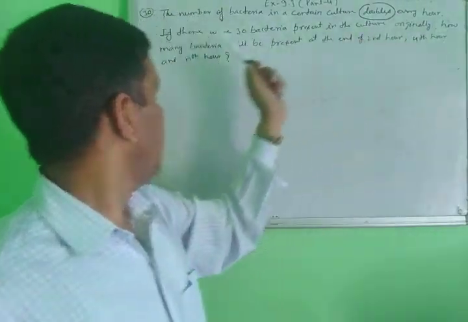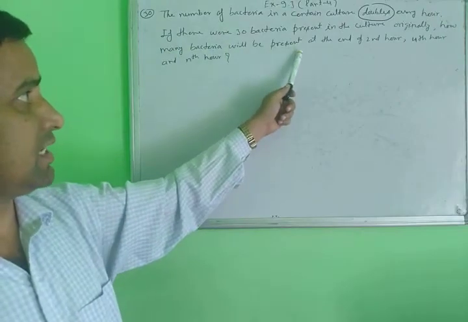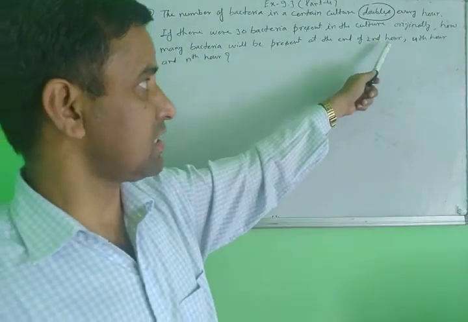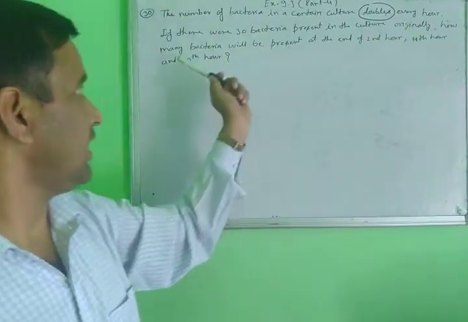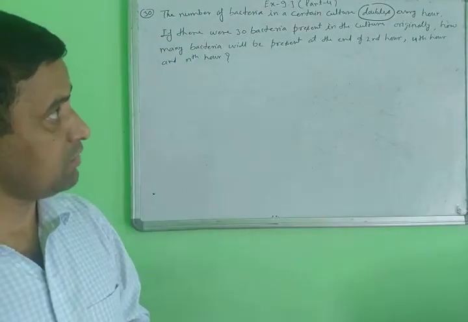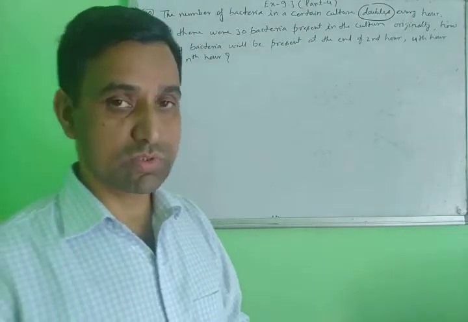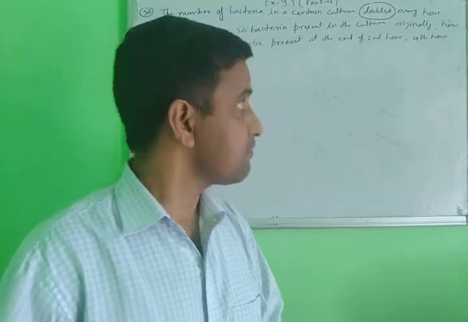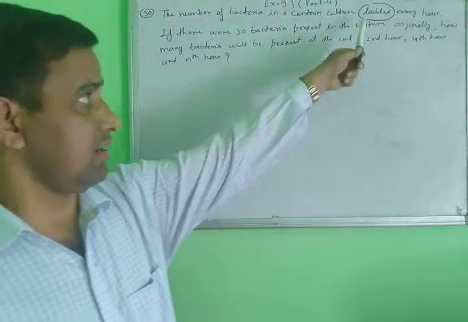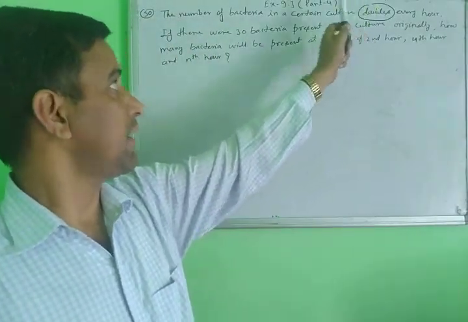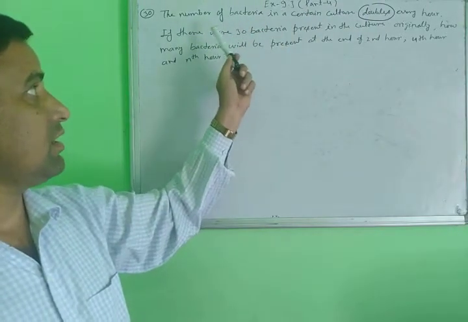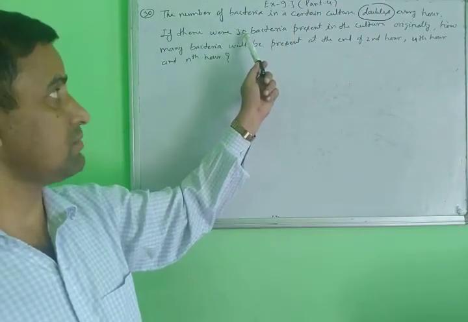And how many bacteria will be present at the end of the second hour, fourth hour, and nth hour? So the question is very clearly a GP, because the double gives the value of r, and starting means the first term is 30.